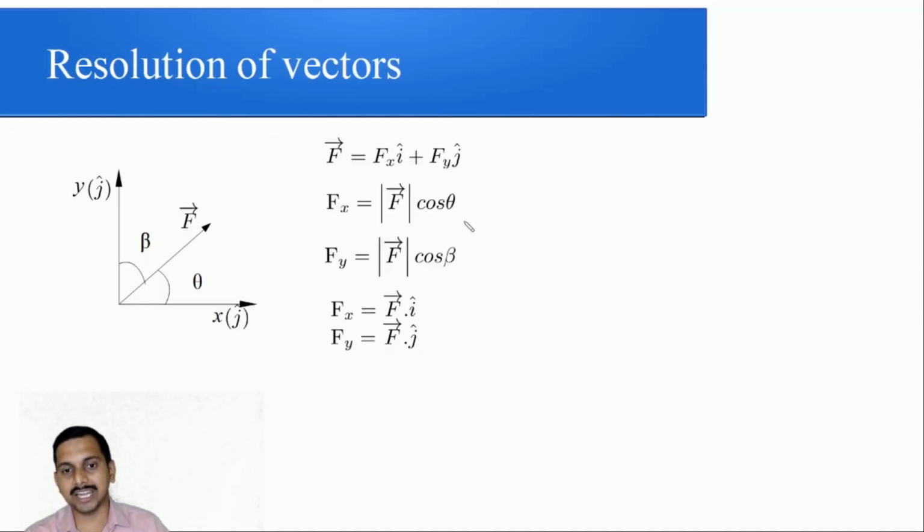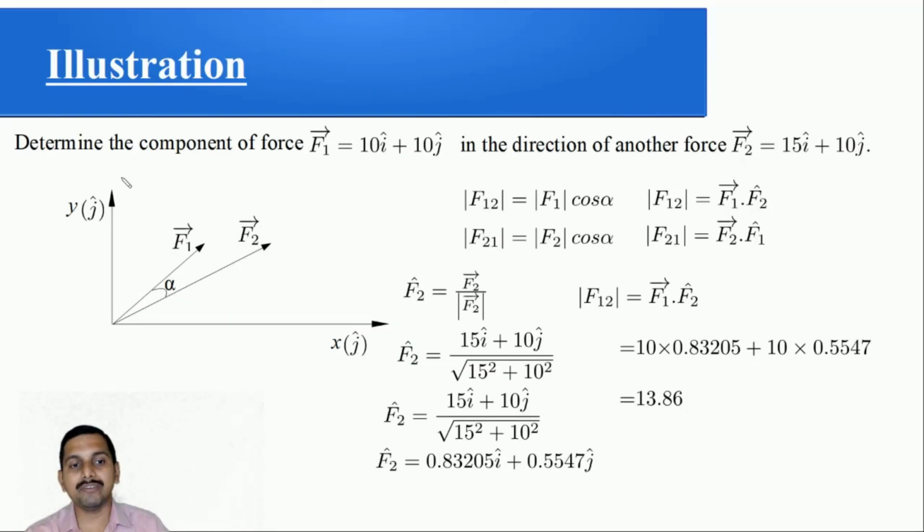When it is in these directions i and j, it seems easy, but when we have to find out the component of force F1, 10i plus 10j, in the direction of another force, F2 equal to 15i plus 10j, now the problem happens. Now how can we do that? First of all, we can do it like this. F12, that is the component of force 1 along the direction of force 2, can be given as F1 cos of the angle between these two.